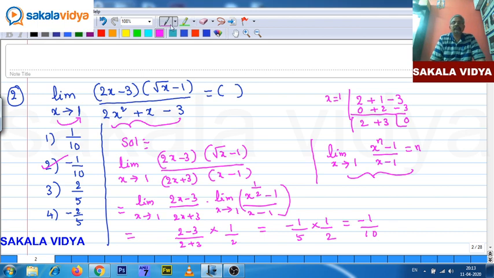Okay. Here. Wait. I will write it. So, good observation. This is plus 3 only. 3 into 1 plus 3 minus 3 plus 3 is 0. Okay. Synthetic division. Right. But we got it now.